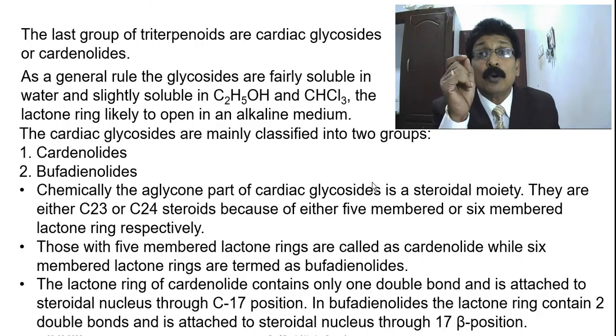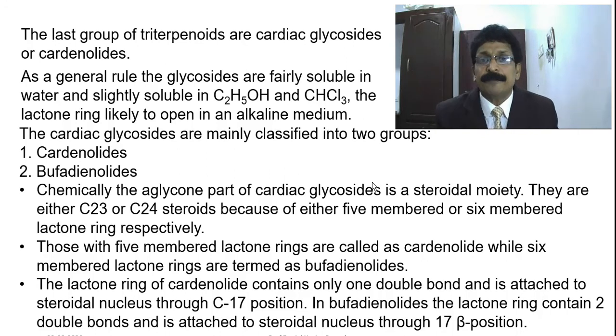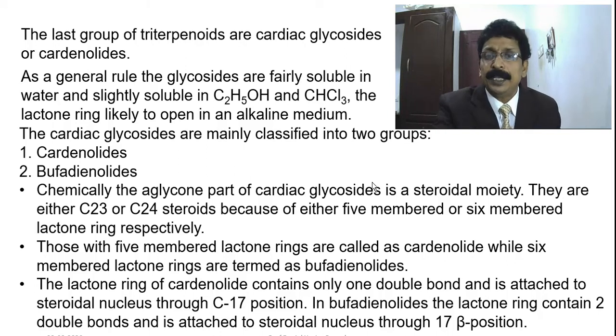You remember the cholesterol structure which I have shown, and you can remember that carbon 17 position. And in bufadienolides, the lactone ring contains 2 double bonds and is attached to the steroidal nucleus through the 17 beta position. Carbon 17 beta position.